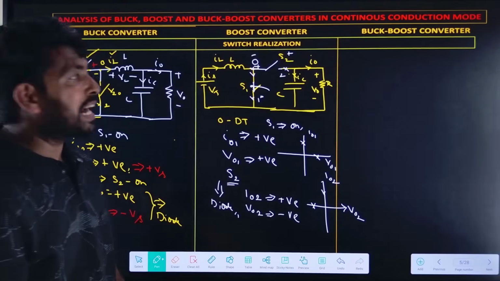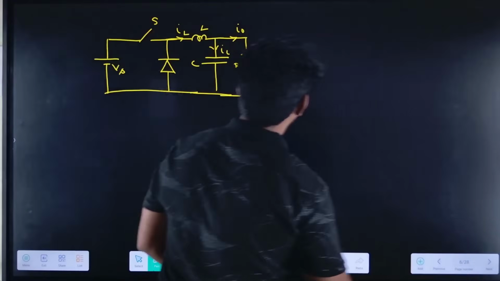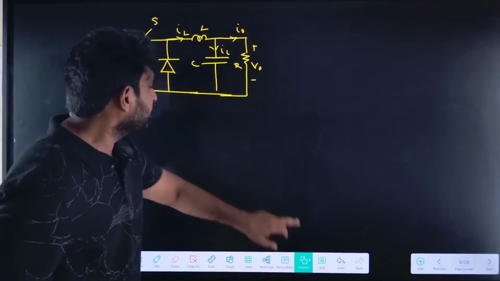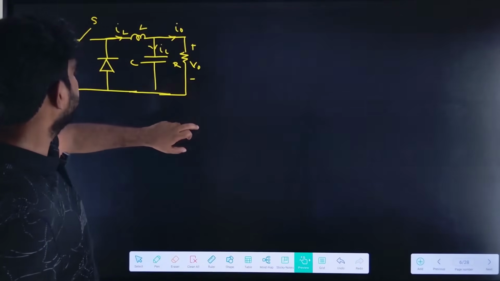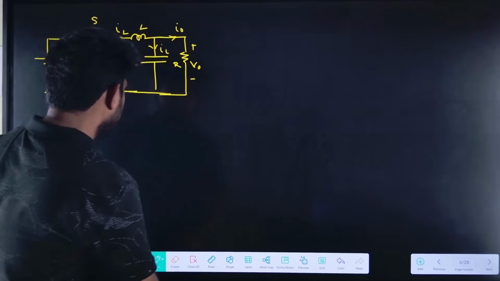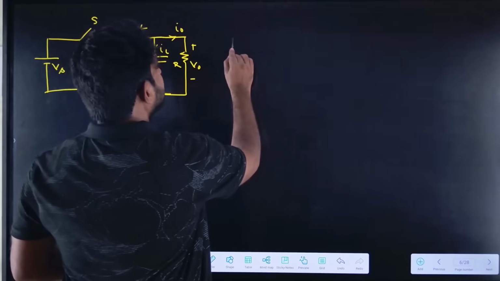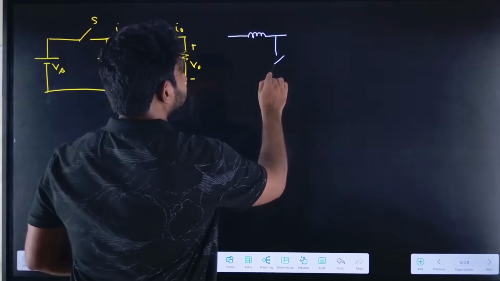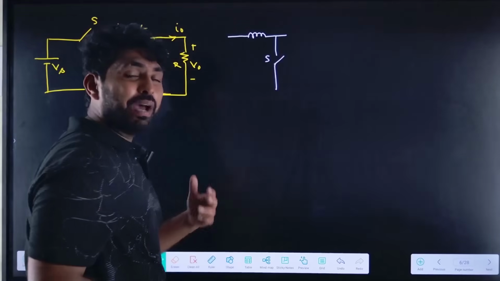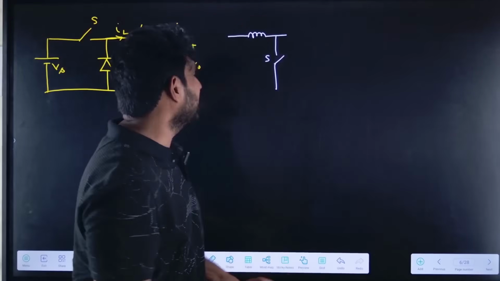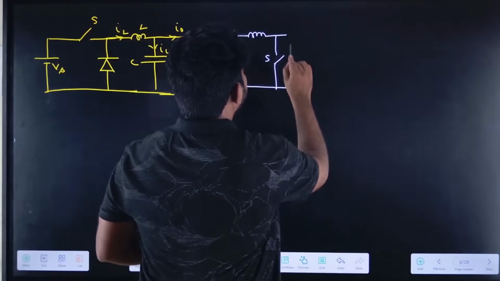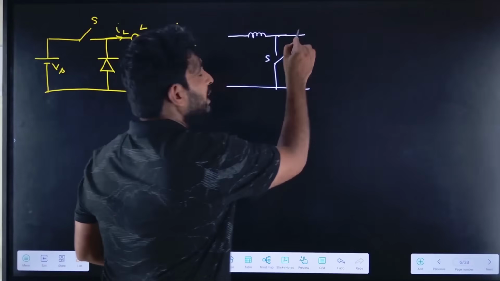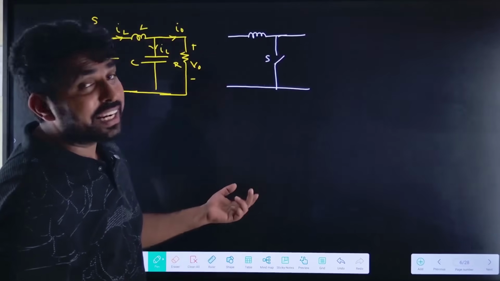So now let us draw the boost converter. How would the boost converter be? The inductance will be here. This is the switch S, which can be an IGBT, MOSFET or transistor. Now we have the diode at S2, and in which direction does it have to be?